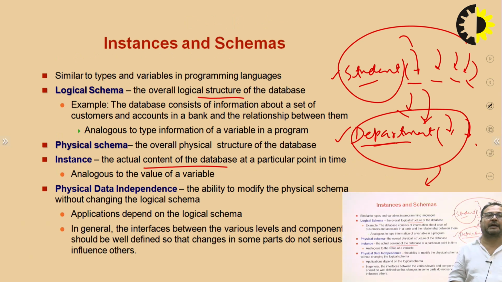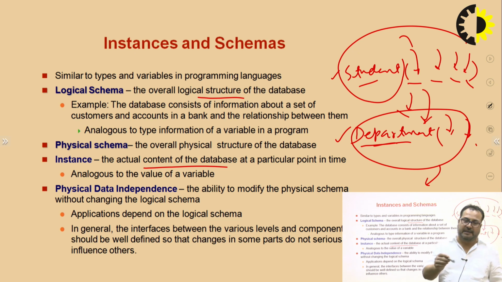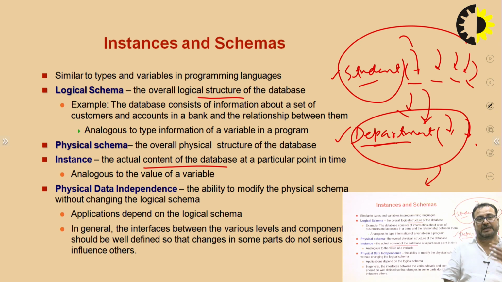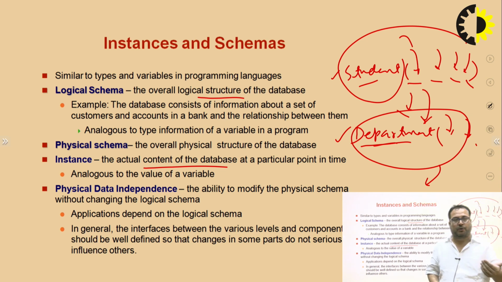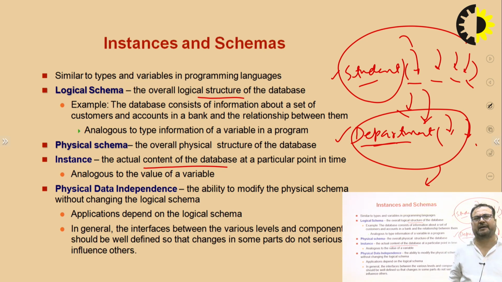Physical data independence means if you are going to change the physical schema, I mean where the data is going to stay, if you change the storage or how the data is organized, you just rearrange. If the physical storage changes and that change doesn't affect the higher level, then this is called physical data independence.